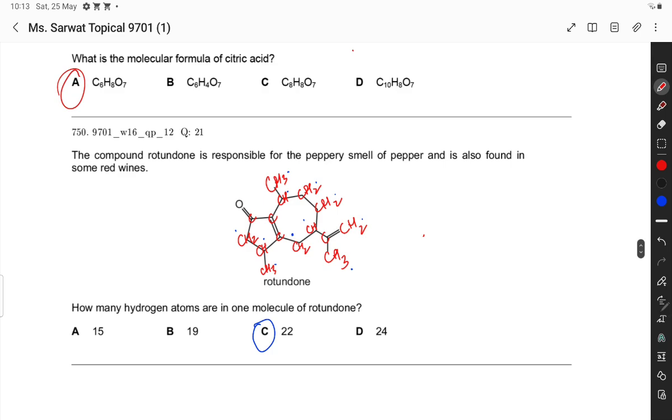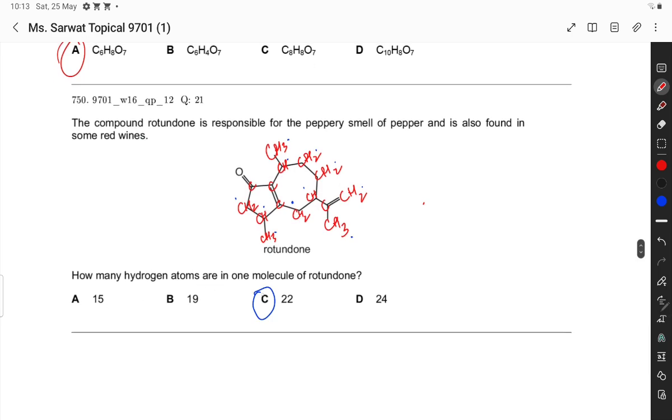The compound rotundone is responsible for the peppery smell of pepper and is also found in some red wines. How many hydrogen atoms are in one molecule of rotundone? So let us count the number of hydrogen atoms over here. CH3, CH3, CH2, CH2, CH2, CH, CH3, and carbon over here CH2 and CH and CH3.